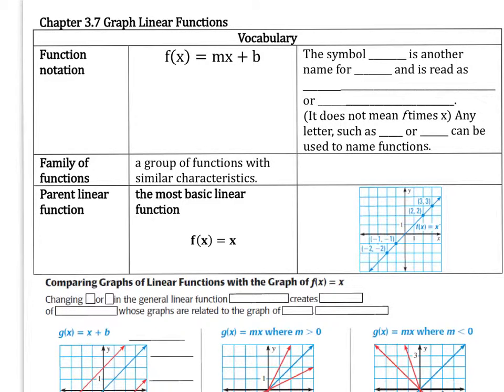3.7 Graph linear functions. The function notation is represented by f of x equal to mx plus b.